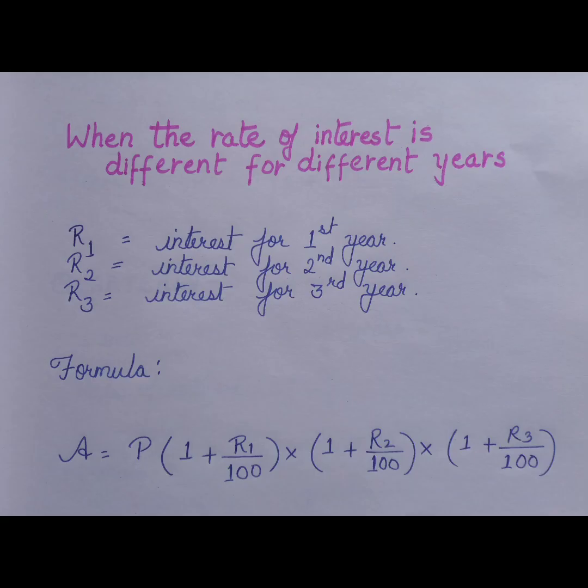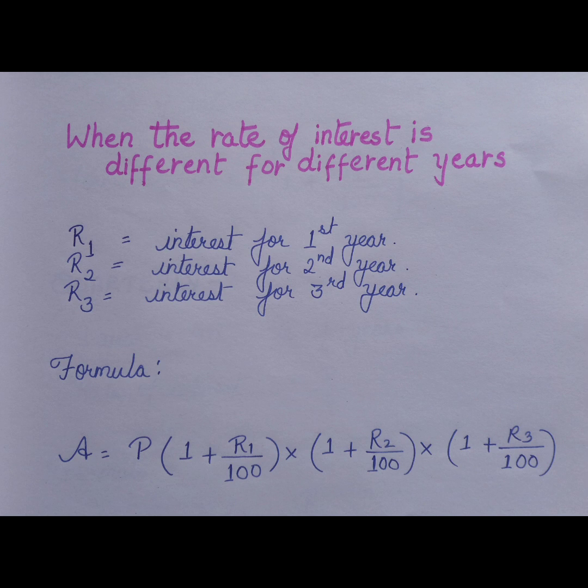Now let's see when the rate of interest is given different for different years. So suppose R1 be the interest for the first year, we will take R2 as the interest for second year and R3 the interest for the third year. So the amount after 3 years will be given with this formula.